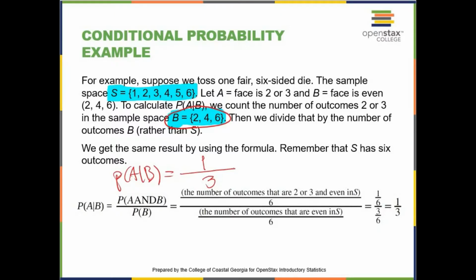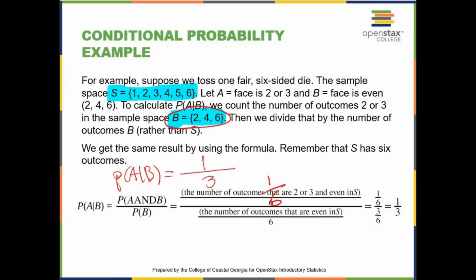If we apply the formula, what is the probability of A and B? So what is the probability of getting an even number and it's a 2 or 3? That is 1 out of 6. Now, what is the probability of B, which is the probability of getting an even number?